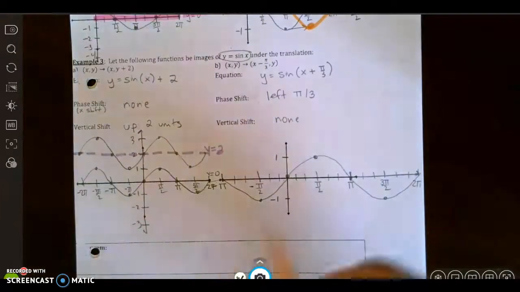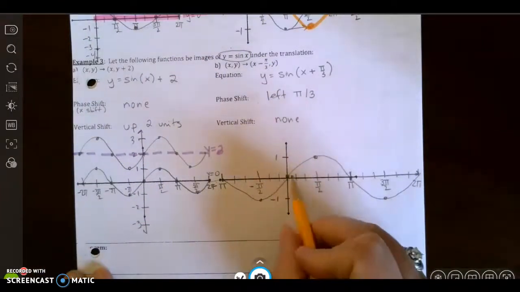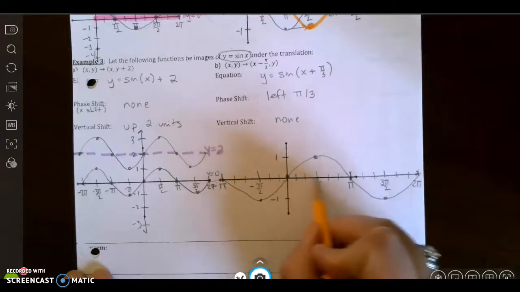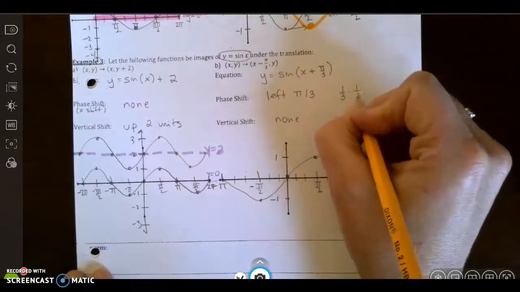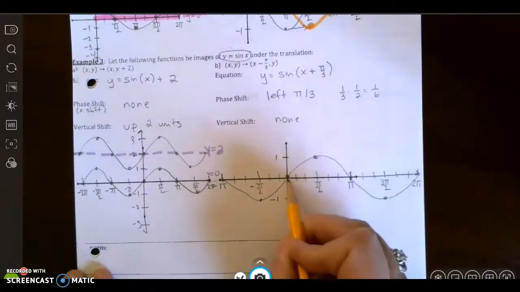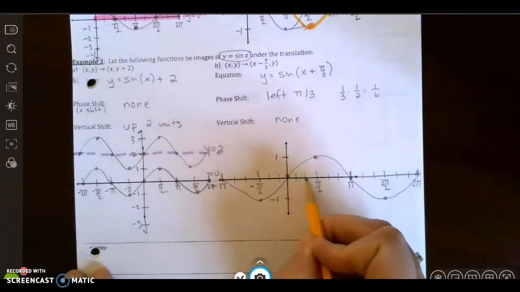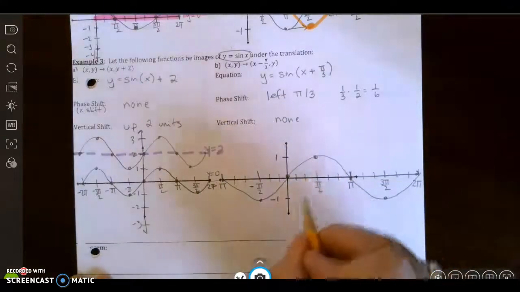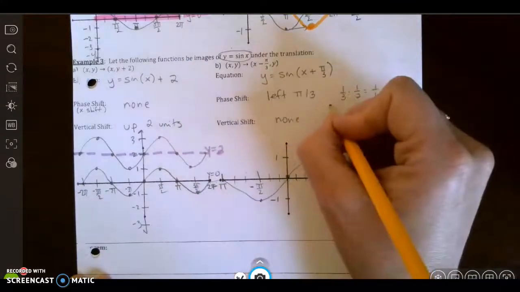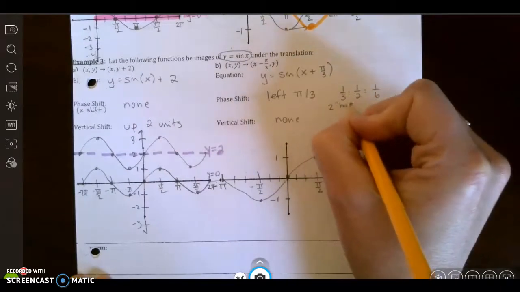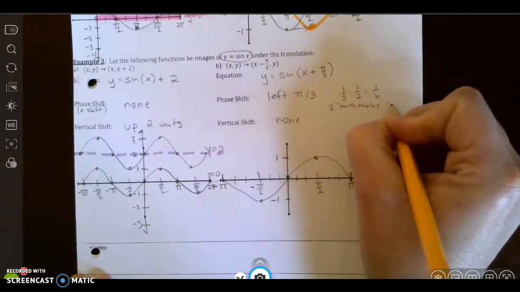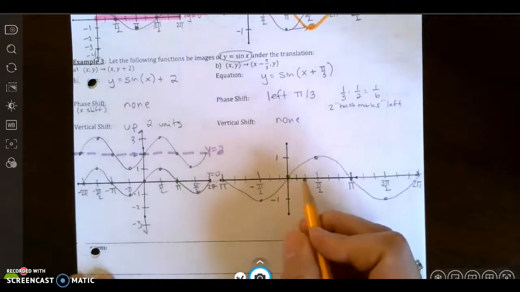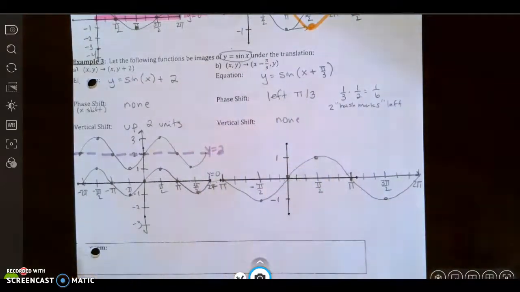Now again, since this is 1/3 of a half, see it's a third of this pi over 2, so 1/3 times 1/2 is 1/6. So this is 1/6, 2/6. 2/6 is a third. So I'm going to move 2 marks to the left. I'm going to move 2, I'm going to call them hash marks, left, because 2 hash marks left would be a third of a pi.